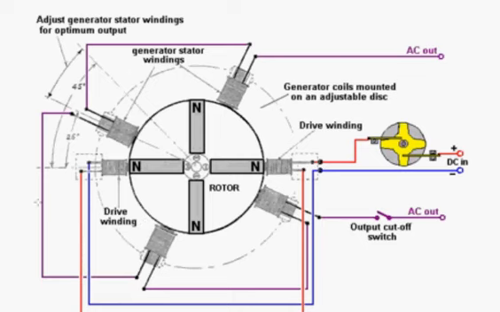Okay, so what happens is, when you start off, a rotor magnet gets drawn across to the core of one of the two drive coils, or to one of the four output coil cores.